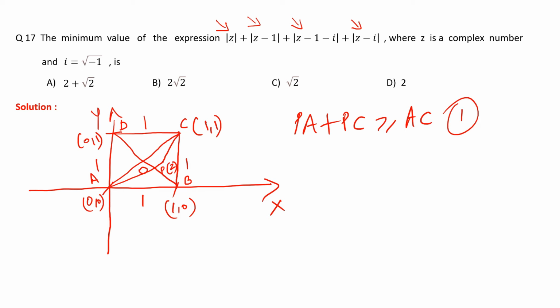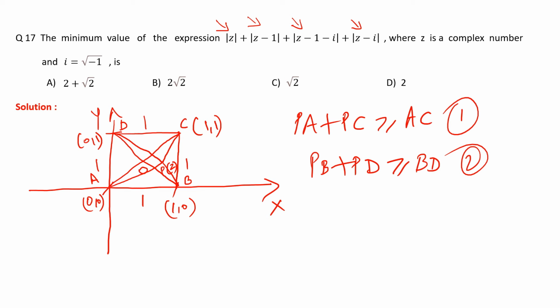Now similarly we join PB and PD. From here what can we say? We can say that PB plus PD is greater than or equal to BD by using the same reason. Now, is it possible for both the inequalities to become equalities?